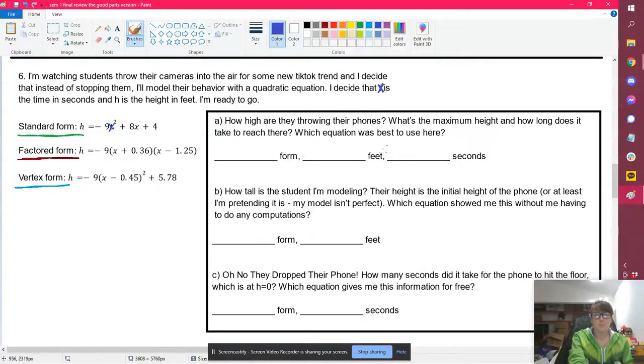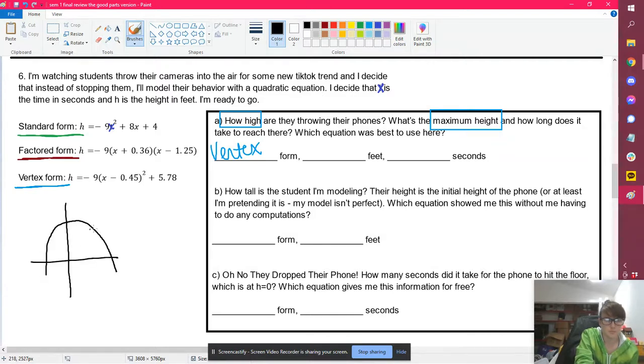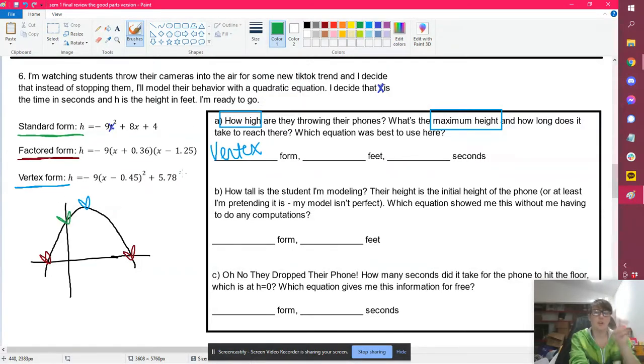I'm ready to go. If we want to know how high they're throwing their phones, the tallest point of this equation, the maximum height, how high in total, the best equation to use here is the vertex form, because when we graph our parabola, silly graph or whatever, the x-intercepts are on the x-axis, the vertex is at this highest point, and the y-intercept is like our initial point.